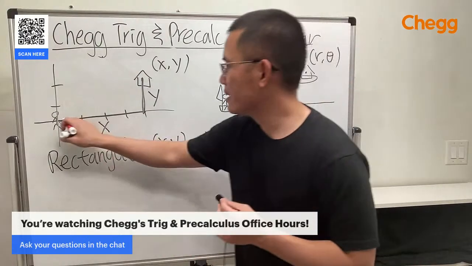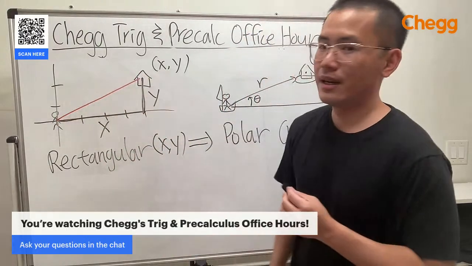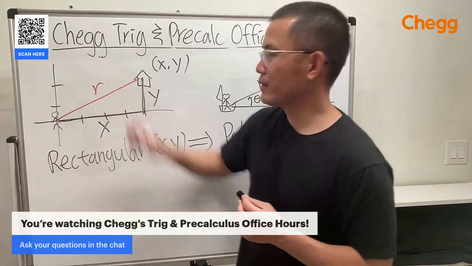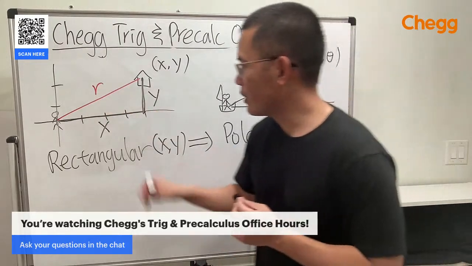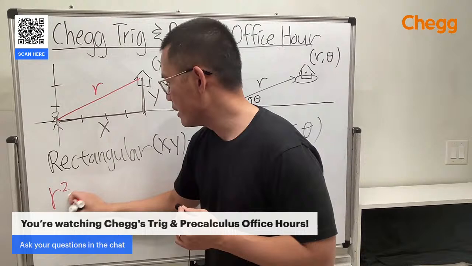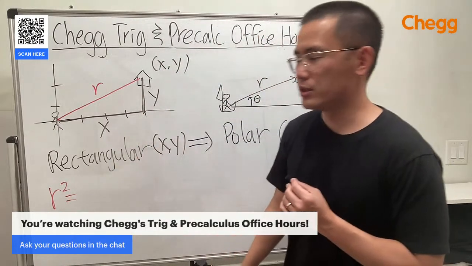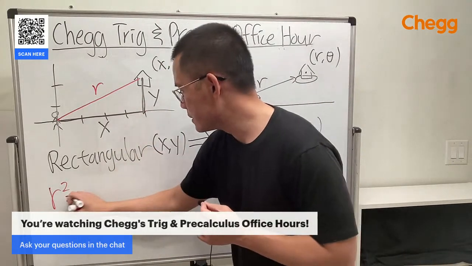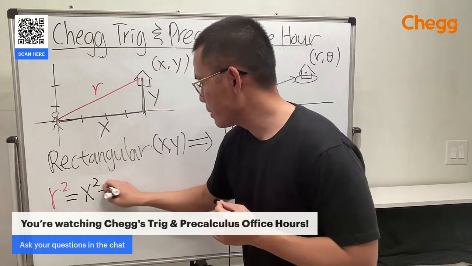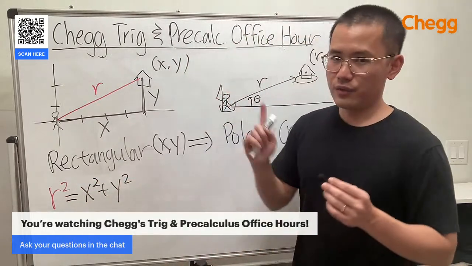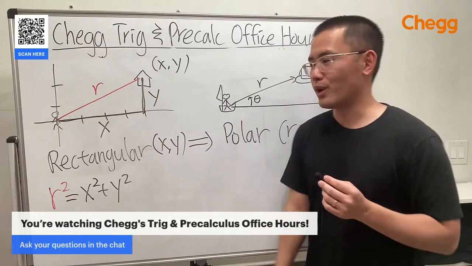I need to find r, the distance from here to here. Okay, so first thing, thanks to the Pythagorean theorem, r squared equals x squared plus y squared. Formula number one.